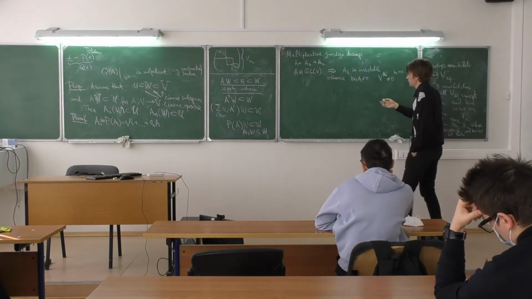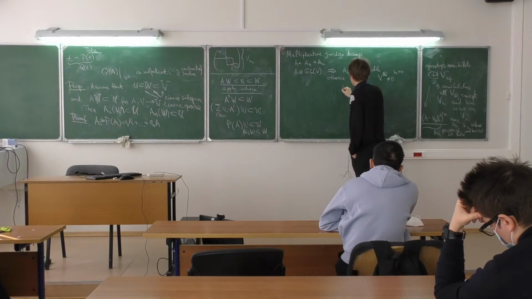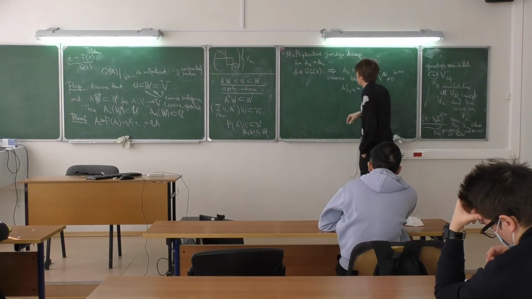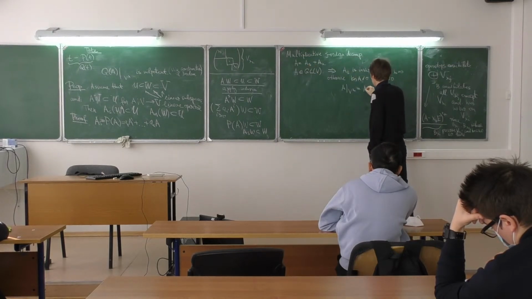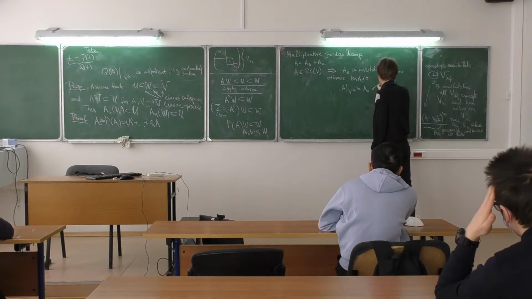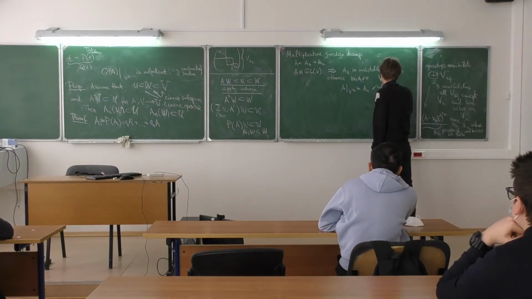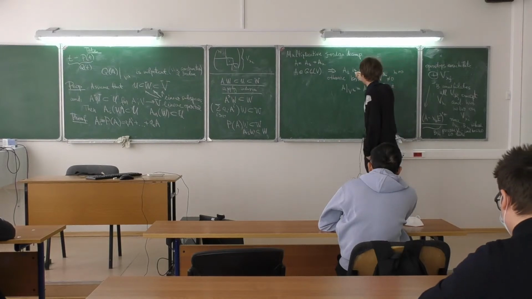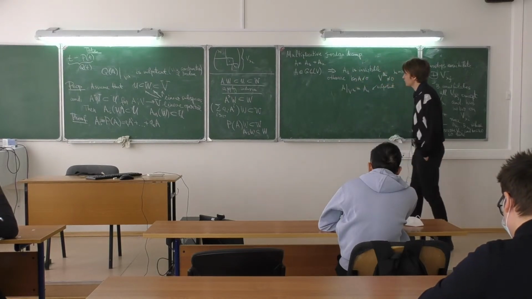And this implies that when you restrict A to this V lambda 0, then since AS restricts trivially, it is just AN, so this is a nilpotent operator. So you see that AS is not invertible there.